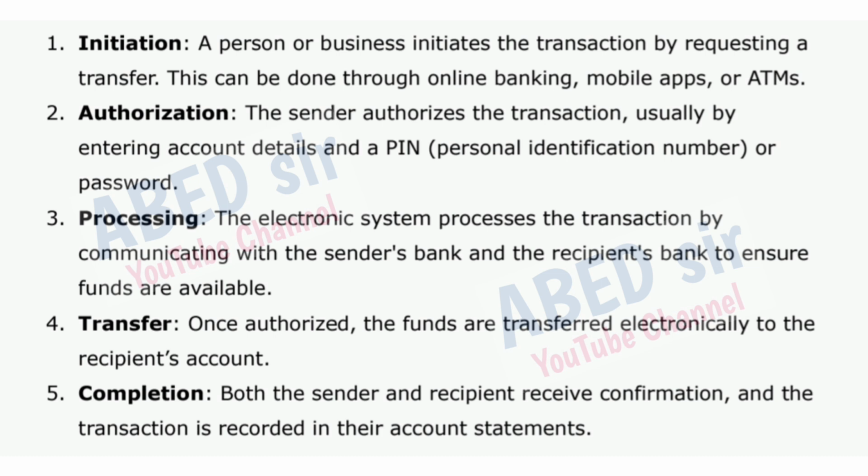The electronic system processes the transaction by communicating with the sender's bank and the recipient's bank to ensure funds are available. 4. Transfer. Once authorized, the funds are transferred electronically to the recipient's account. 5. Completion. Both the sender and recipient receive confirmation and the transaction is recorded in their account statements.